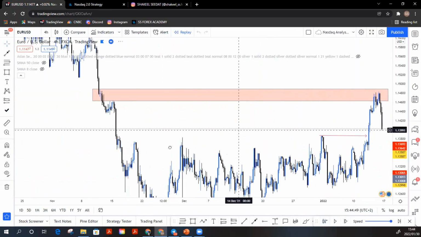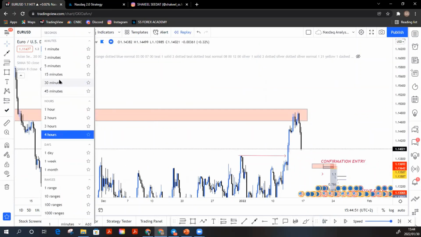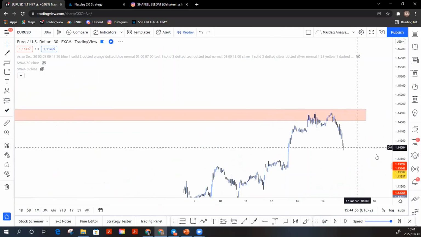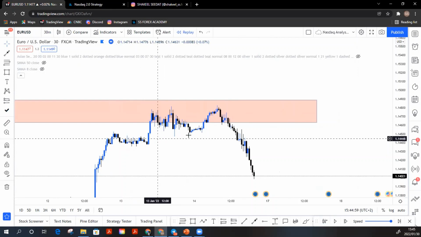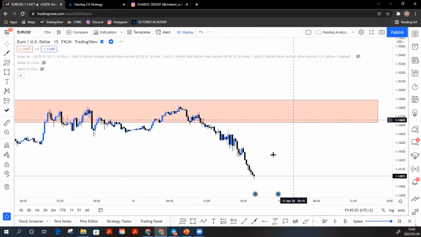So once price taps into the zone, your confirmation entry would be, if we go to the 30-minute, 5-minute, let's see, or the 15-minute. Okay, so let's look at the 15.